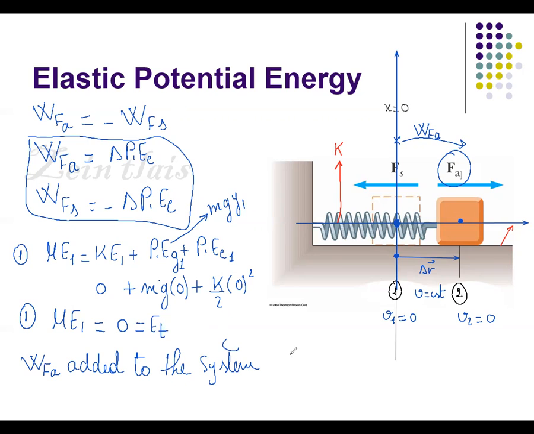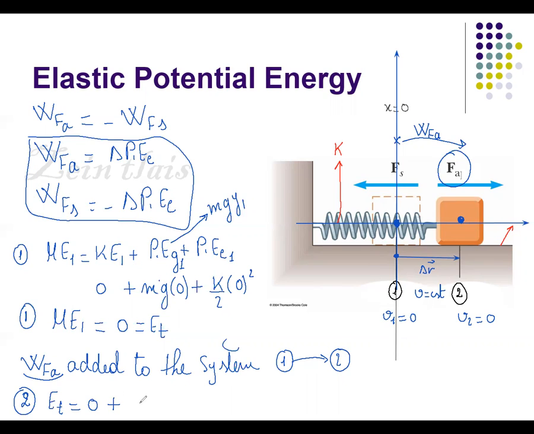Second, between 1 and 2, we add a quantity of energy equal to omega Fa. At the final position, position 2, what do we have here? We don't have velocity, so we don't have kinetic energy.